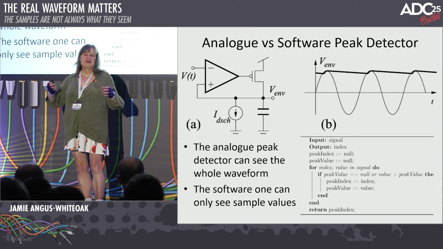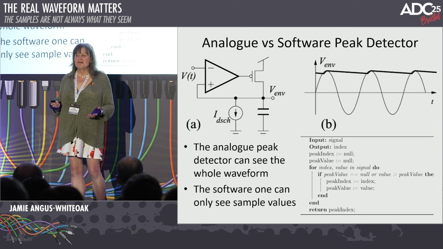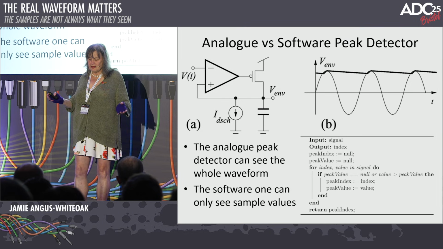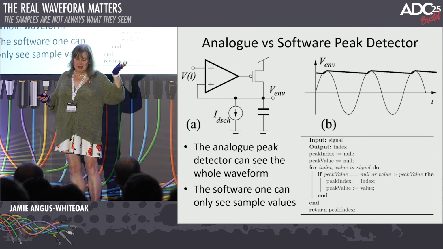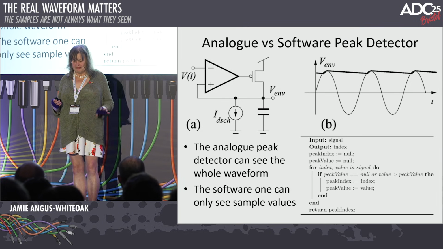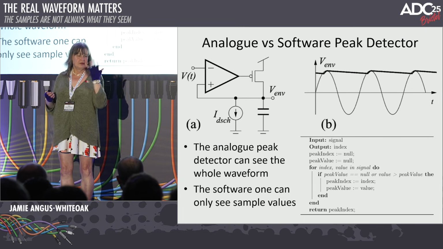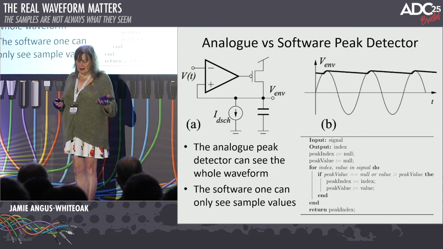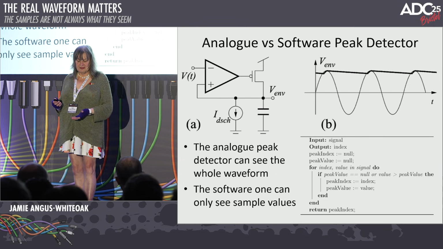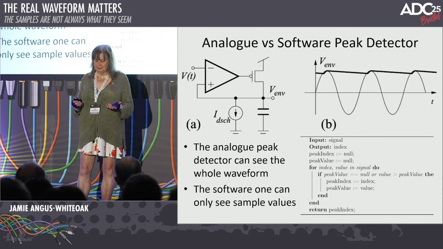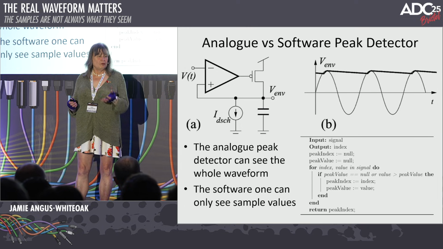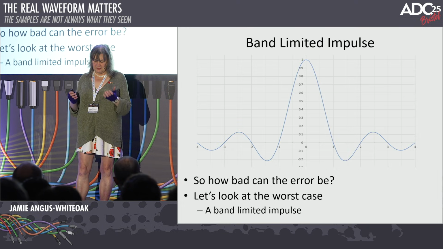Okay. The analog peak detector can see the waveform the whole time, so it doesn't really have a problem. There are some circuit details which we won't worry about, but basically analog peak detectors, if you design them right, can work fine. But a digital peak detector can only see the samples. It can't see the waveform, so all it can do is make a decision on the samples.